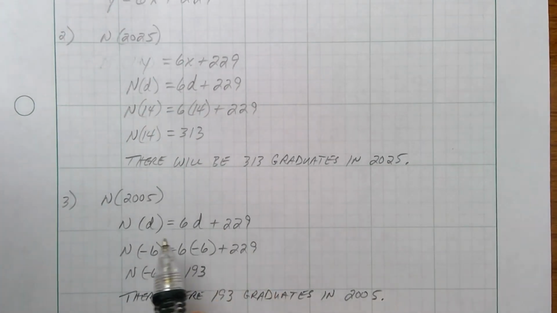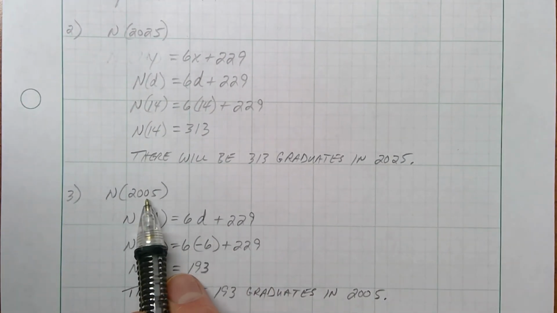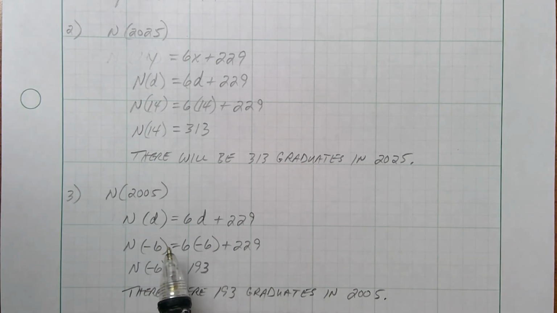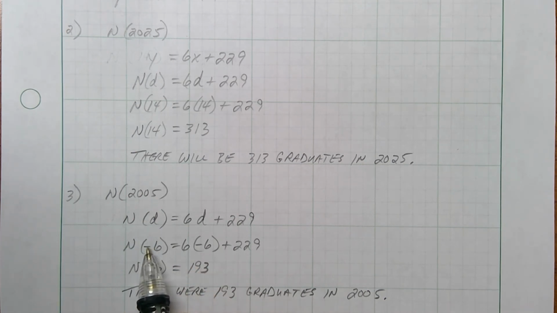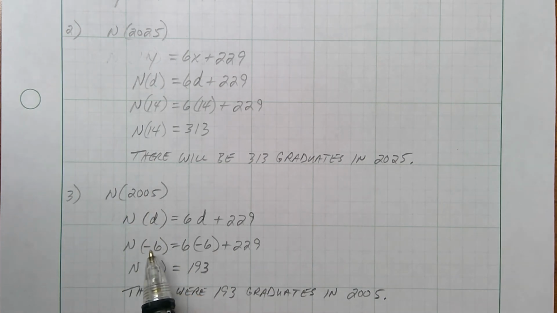And then finally, number 3, how many do we have in 2005? We'll take 2005 minus the first year in the table, and you'll get a -6. So 2005 is 6 years before the first value in the table. The number of graduates in 2005 is the number of graduates 6 years before.